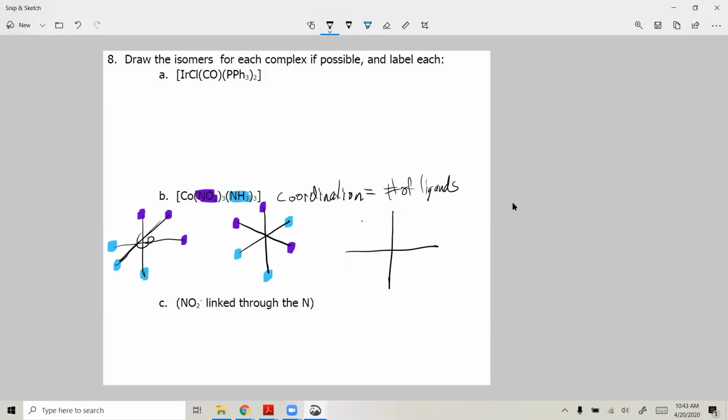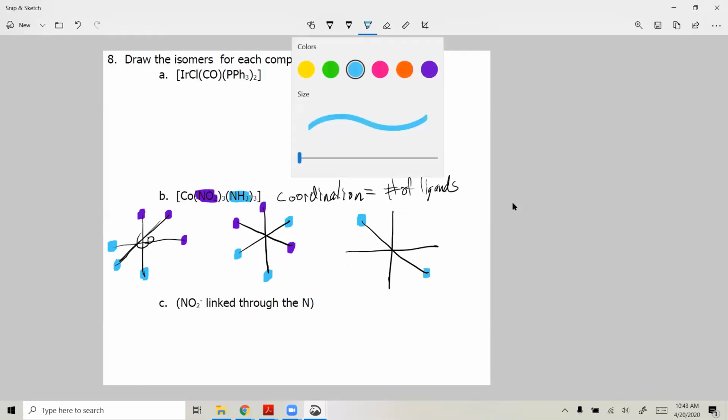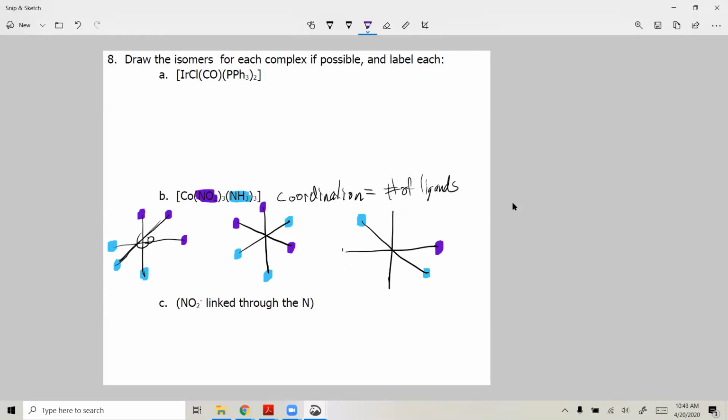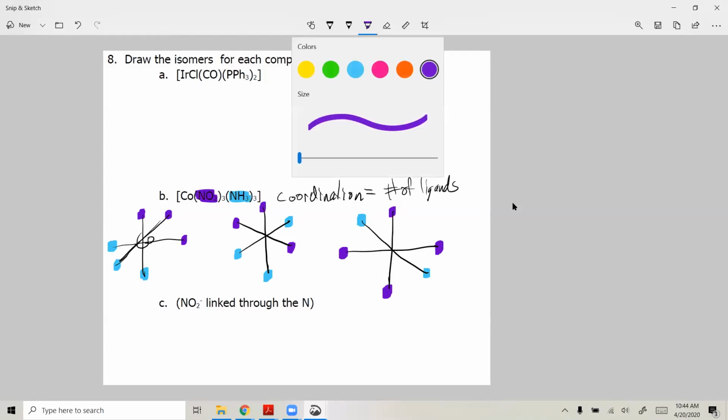Well, let's see. If we do every other one, so you're saying that this one, and then, it's hard to see when it's flat. That would be purple there. But that's the same as our second one, right? If we rotate this around, if our purple went back up on top. So we've rotated it over.